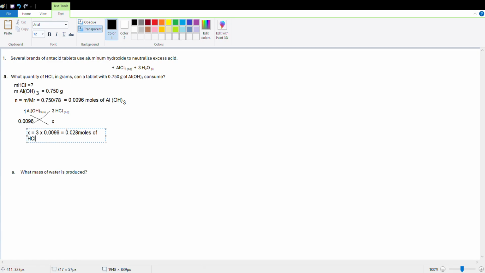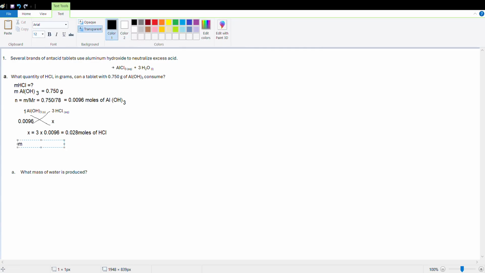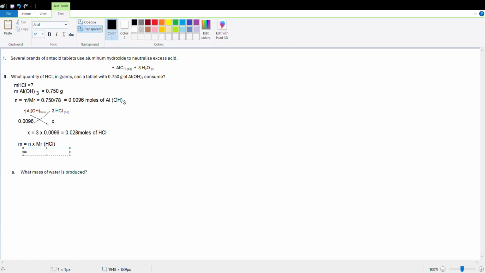hydrochloric acid. And the formula to calculate mass is equal to number of moles times Mr. This time we'll use the Mr of hydrochloric acid. You need to know this, and we just put the values in. So mass is equal to number of moles times Mr, which is the number of moles we just found, 0.028, times the Mr of HCl.